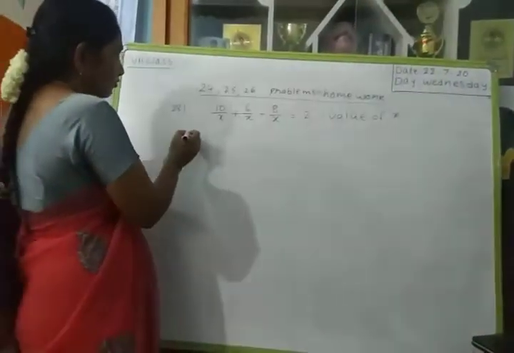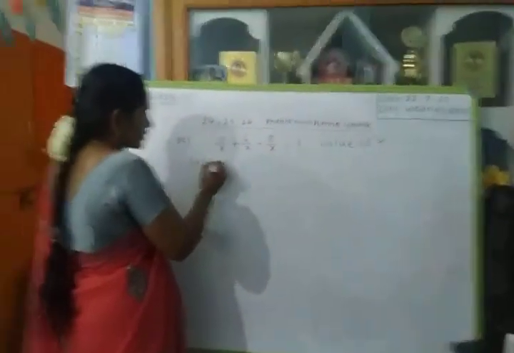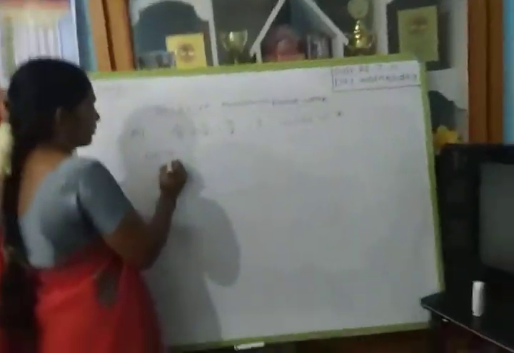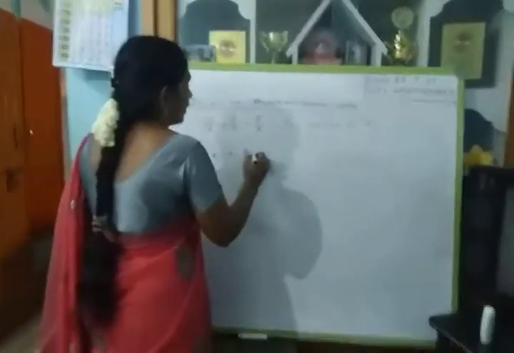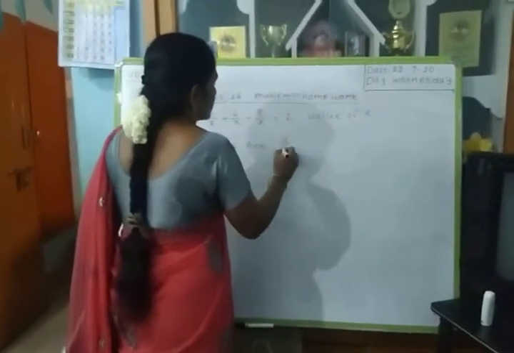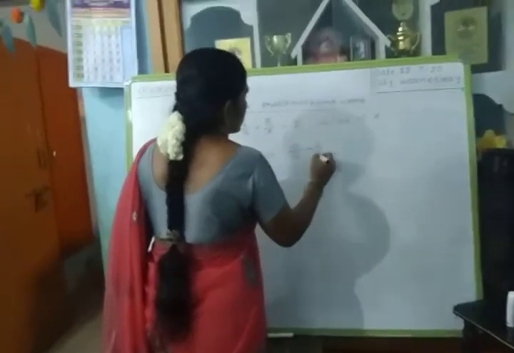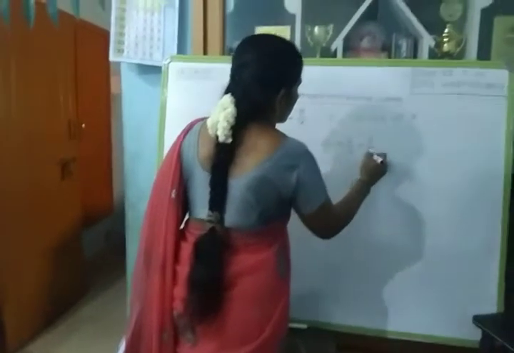So go through the options. First option, what did they give? 16. If x is equal to 16, then what will you get? 10 by 16 plus 6 by 16 plus 8 by 16.